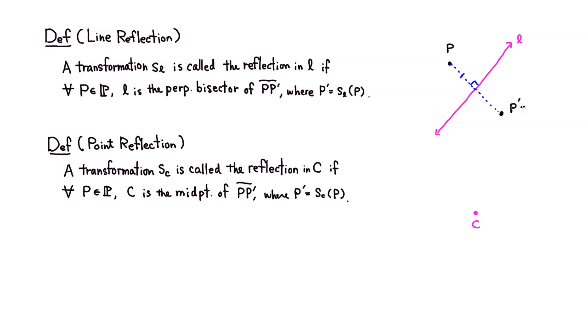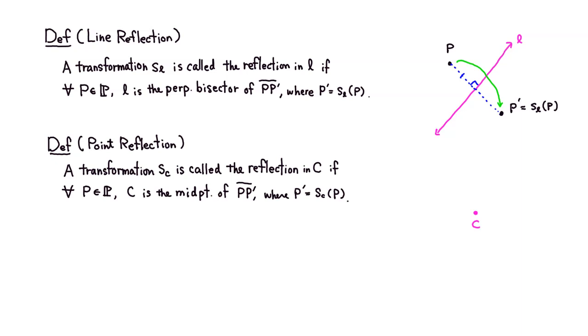So P prime is simply the image of P under this transformation S of L. So this point is going to be sent over to P prime.